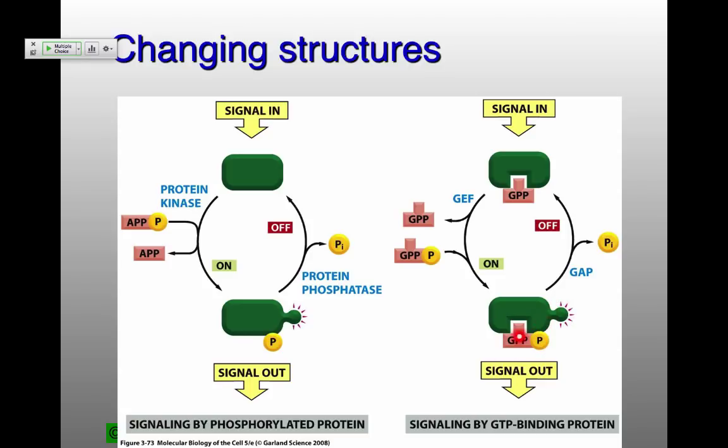What's very different about the G proteins versus the proteins that are getting phosphorylated is these actually turn themselves off. So the hydrolysis of GTP here, unlike the phosphate that gets taken off by the phosphatase, this happens through this G protein. This is also why people call these GTPases.